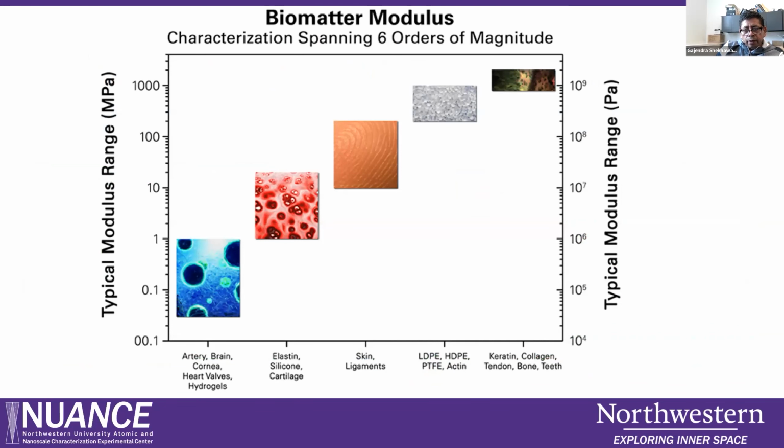So here you can see we can go down to pascals or kilopascals, for ligaments, skins, tissues, hydrogels, any type of these things. So we are working with a lot of medical people in the downtown campus. They come here, and I work with them on a collaborative basis to get these measurements for them.